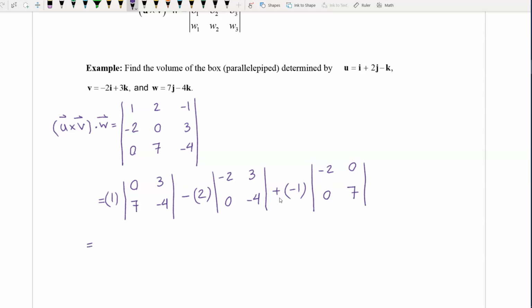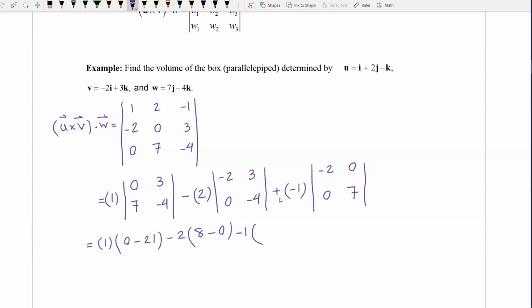So this is equal to 1 times, we have 0 times negative 4 is 0, minus 3 times 7 is 21, minus 2 times negative 2 times negative 4, it is 8, minus 3 times 0, it is 0, plus negative 1, so this is minus 1.